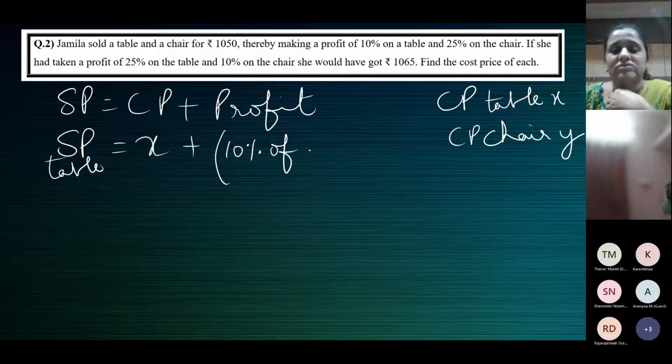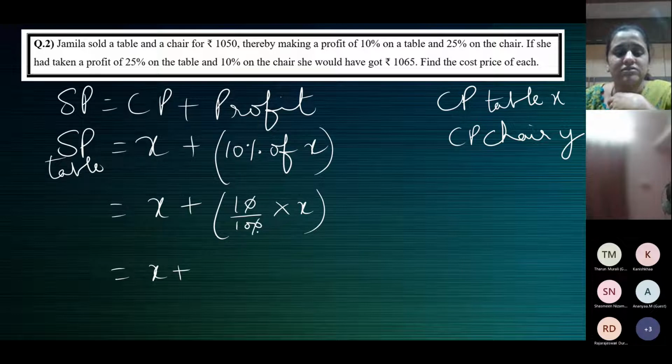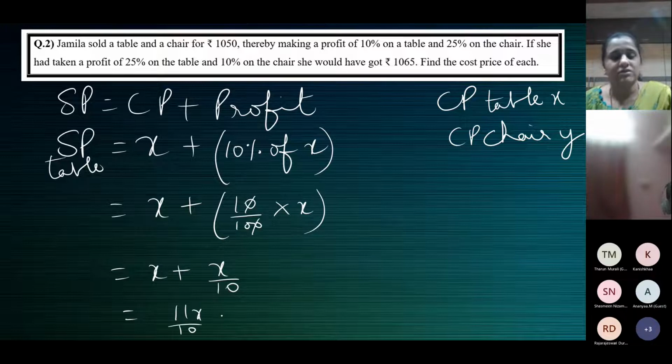So that will be X plus 10 by 100 of X. You can cancel out this, so it is X plus X by 10. On taking the LCM, it will be 11X by 10. This is the selling price.